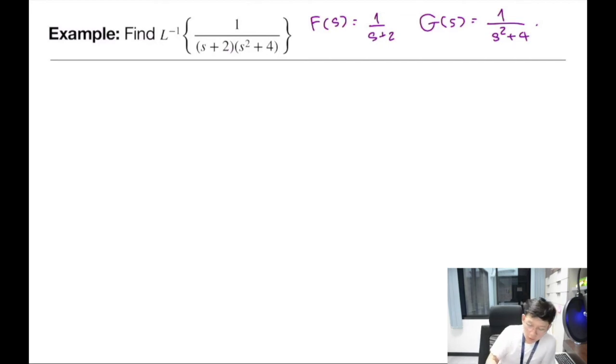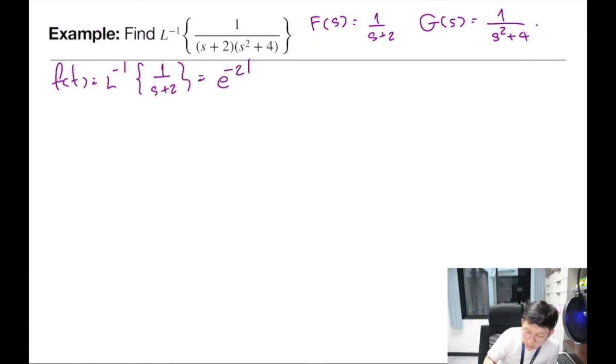So little f(t) would be the L inverse of 1 over s plus 2, and it's actually e to the minus 2t. We've done that quite a couple of times.